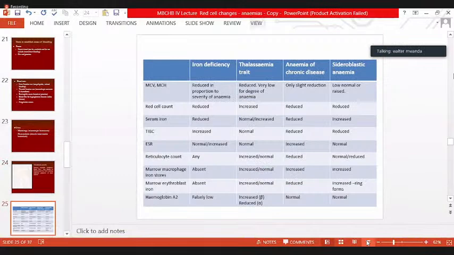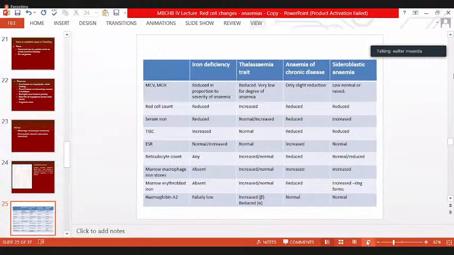This is an overall picture of the common causes of microcytosis. Common is iron deficiency, followed by hemoglobin abnormality, the thalassemias. Please note, this is not hemoglobinopathy, but hemoglobin abnormality. This is followed by anemia of chronic disease.